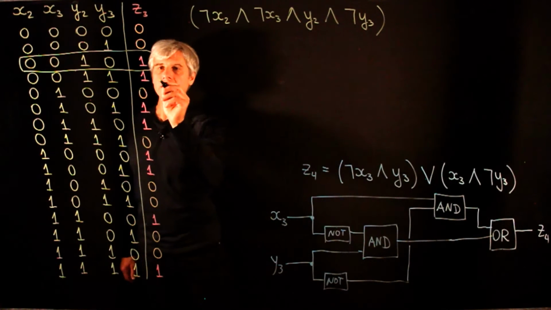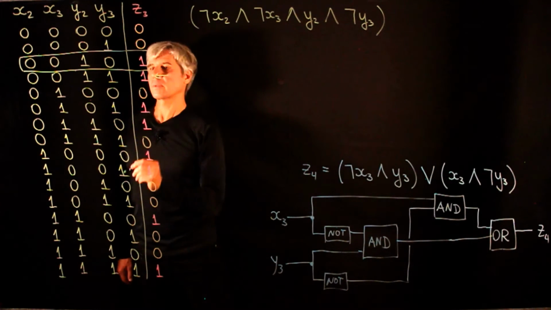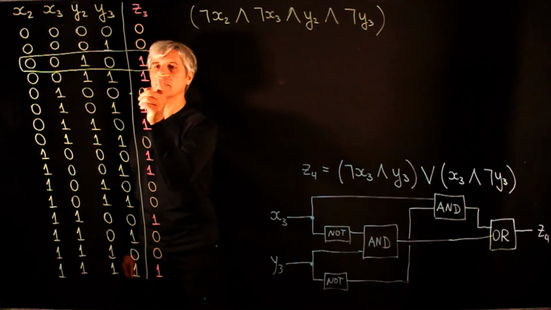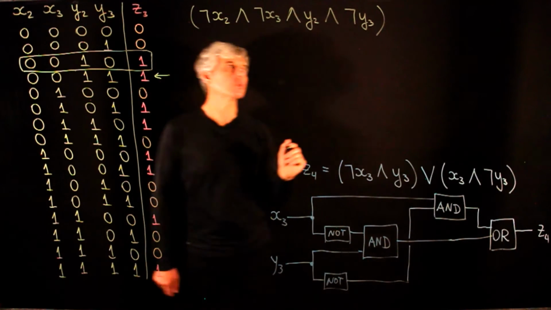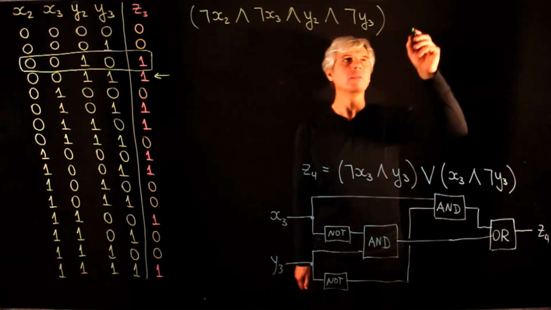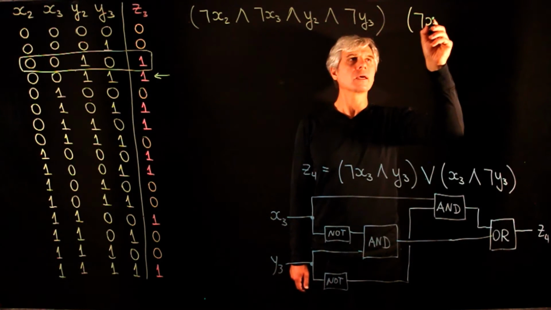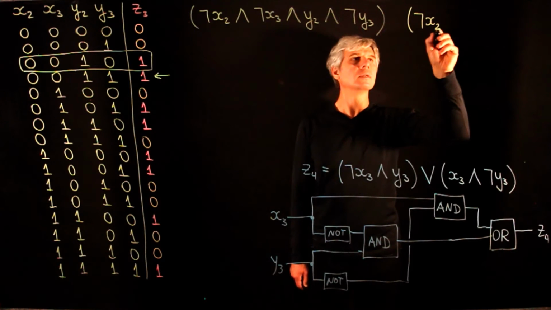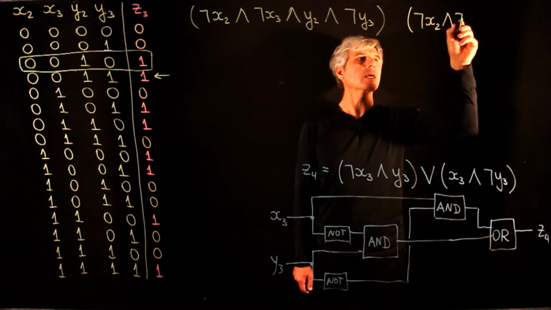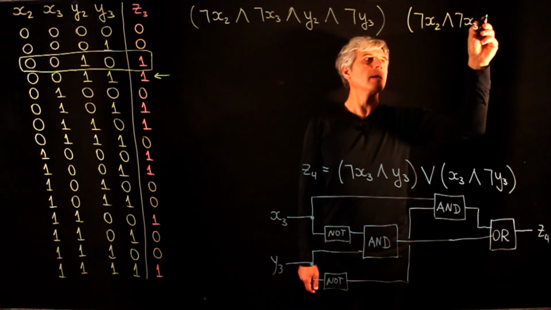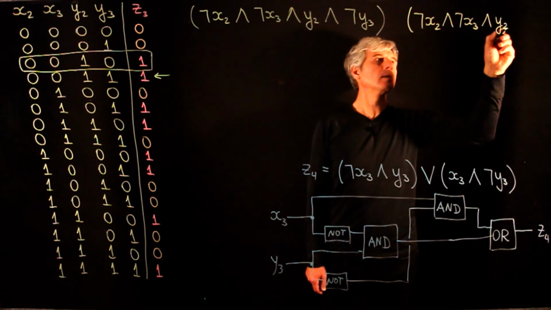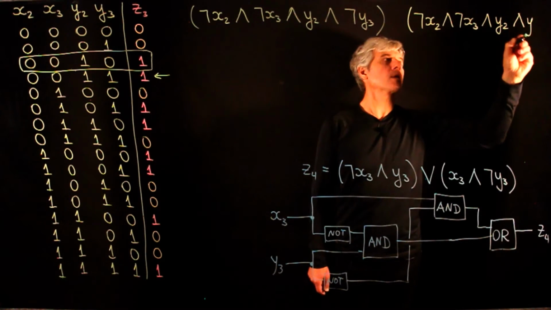Now, if we look at the next row here, so to generate value 1 here, we could take expression not x2 and not x3 and y2 and y3.